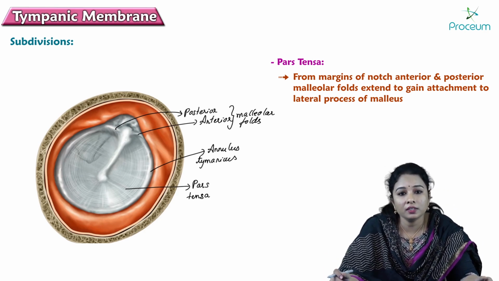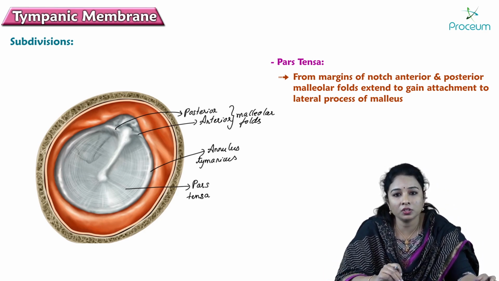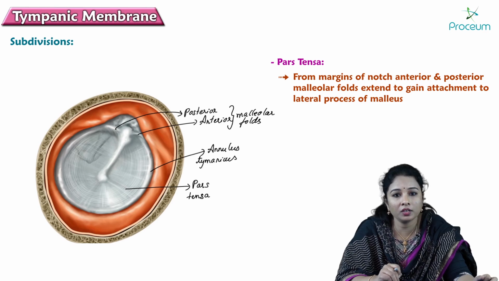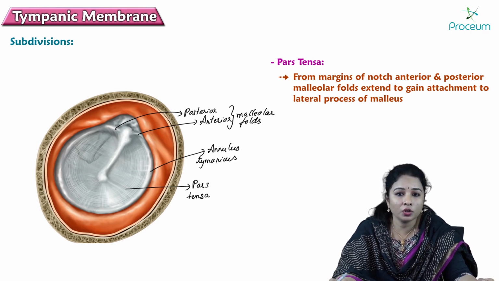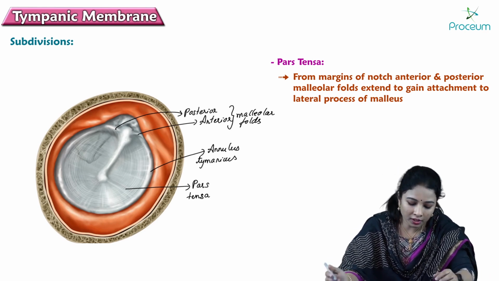So we can see the margins of this notch, the anterior and posterior malleolar folds extend to gain their attachment to the lateral process of the malleus.